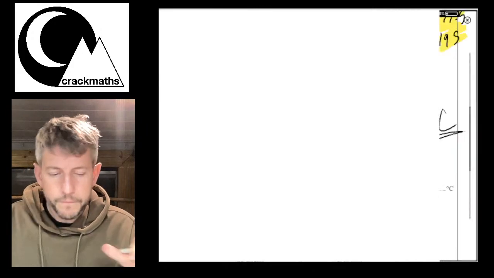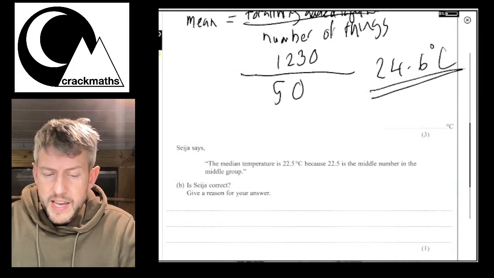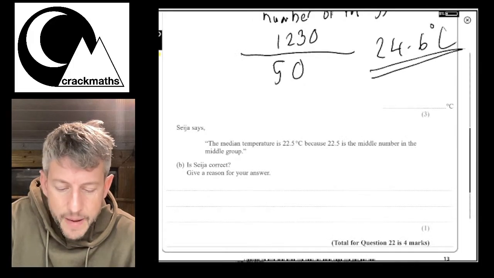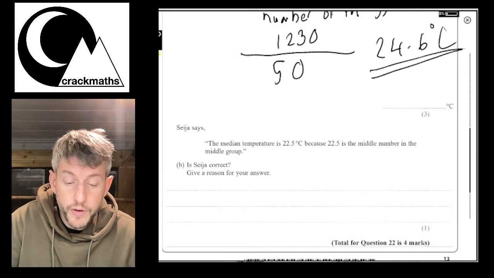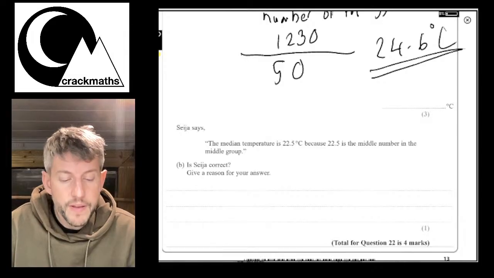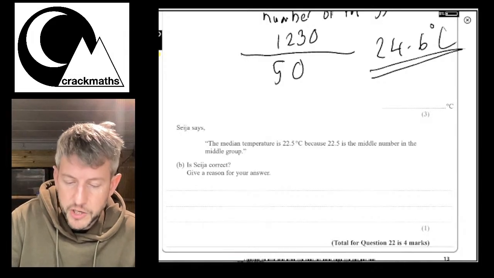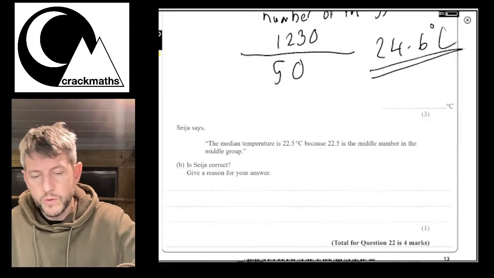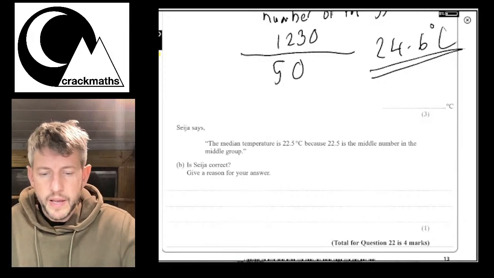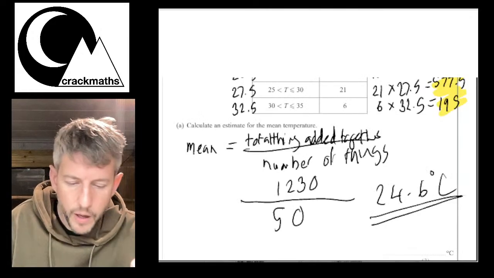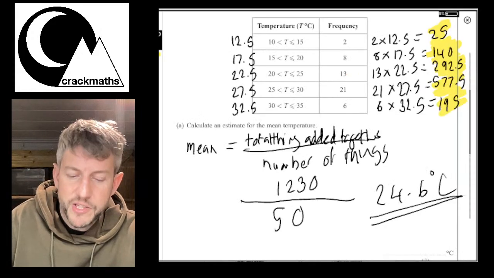Okay, right. Sager says the median temperature is 22.5 degrees because 22.5 is the middle number in the middle group. Is Sager correct? It sounds like she's wrong. Yes, she's very much wrong.